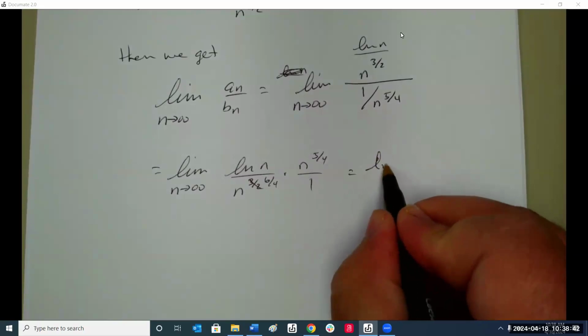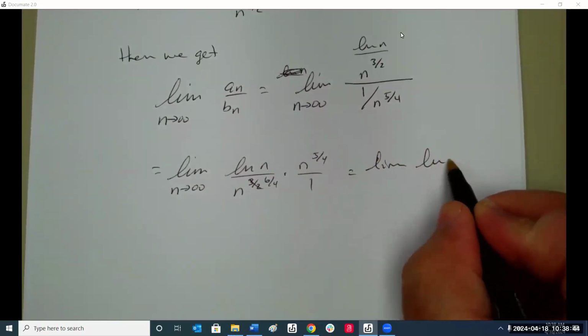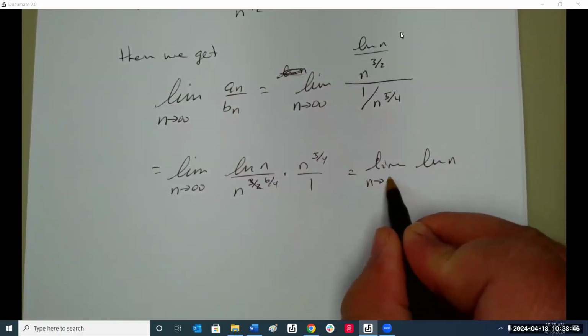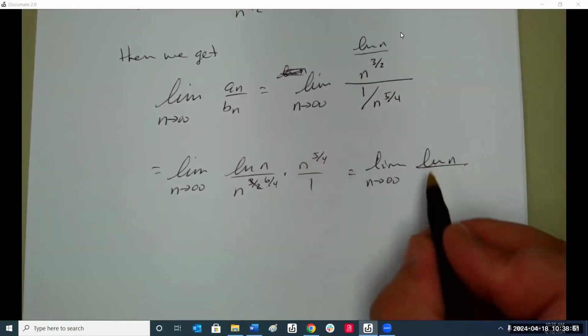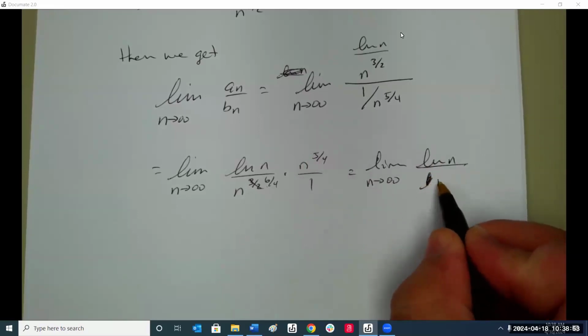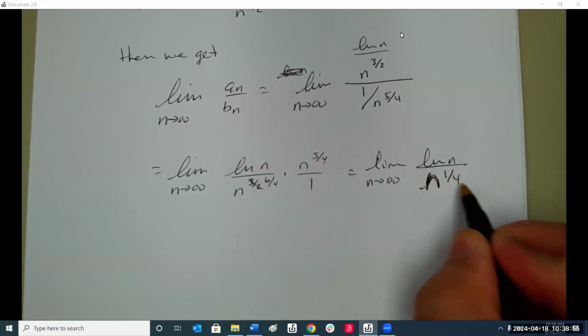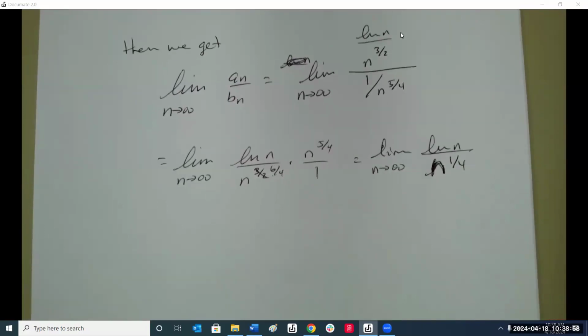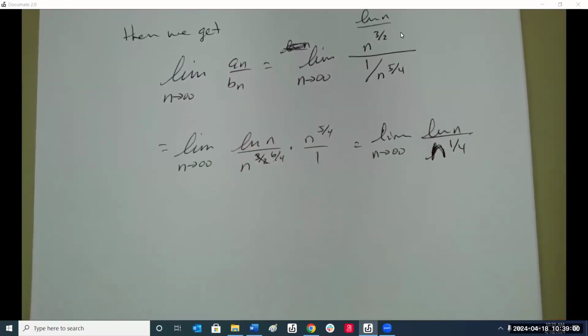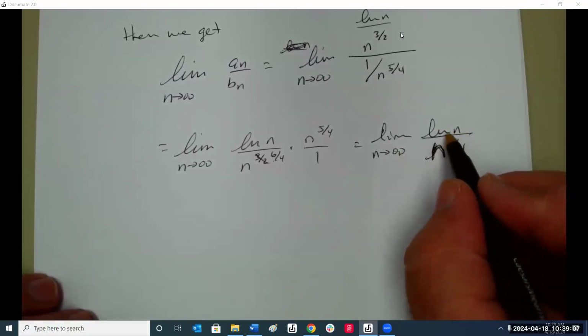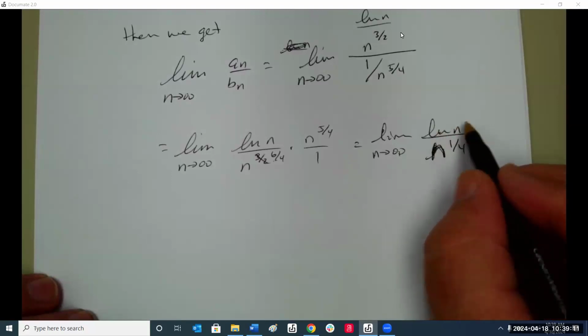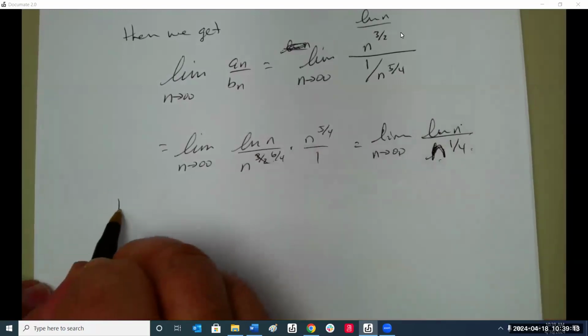So we have the limit of ln n over n to the 1/4. As n goes to infinity, that goes to infinity, that goes to infinity.